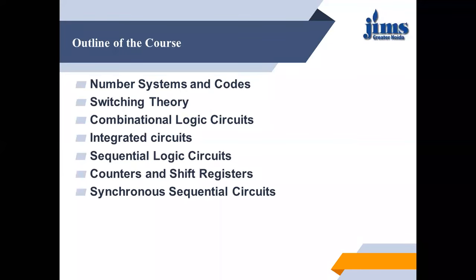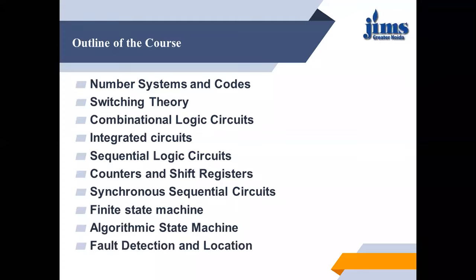Then we have synchronous sequential circuits, finite state machines where you can design a small digital system of your desired characteristics, algorithmic state machines, fault detection and location. These are the topics which are going to be covered in the upcoming lectures throughout this whole semester.